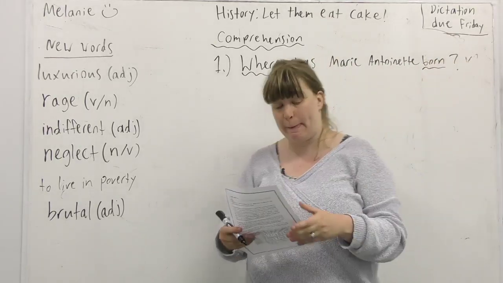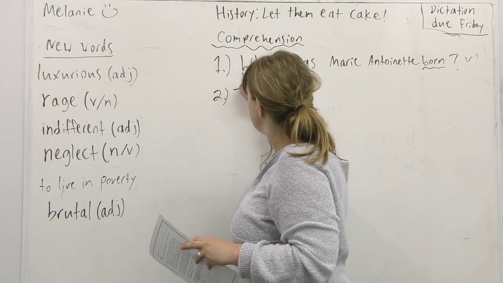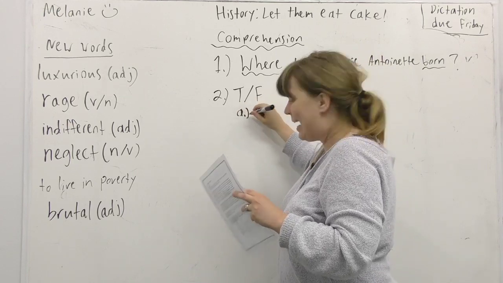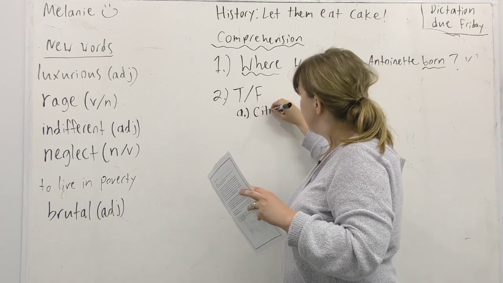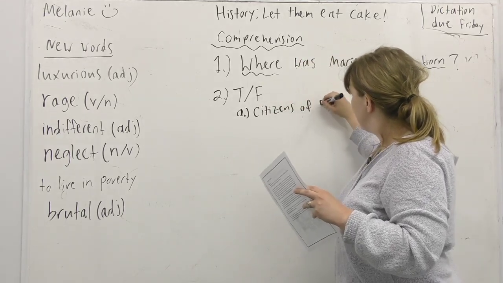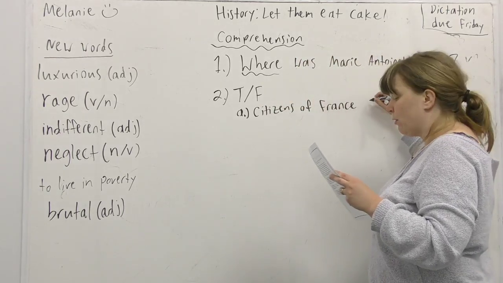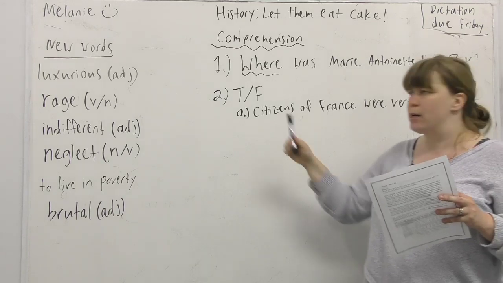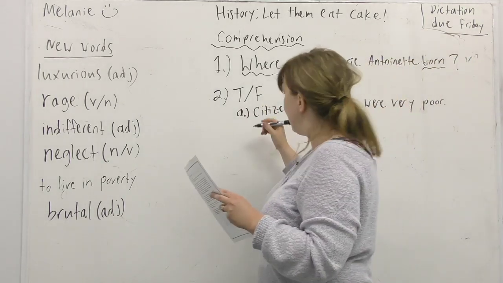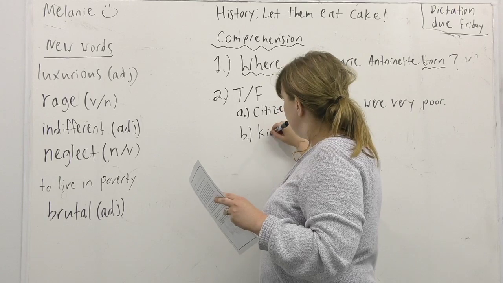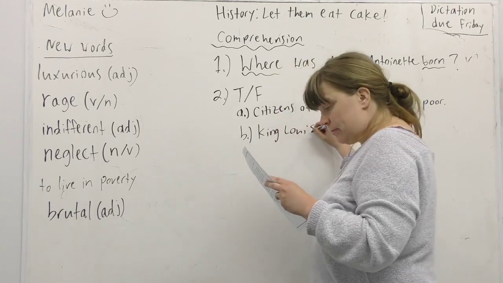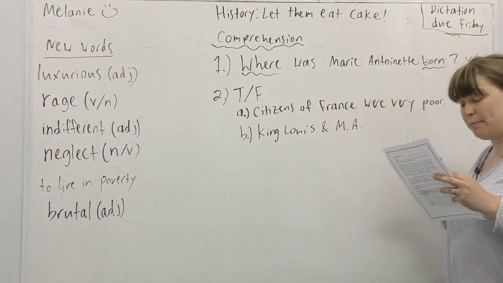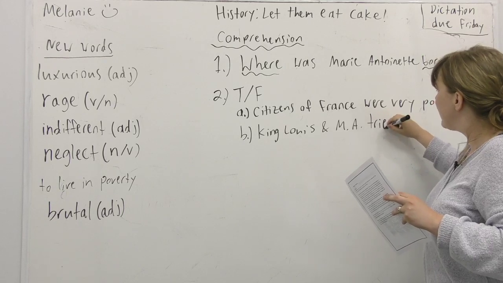Watch out for born. And number 2, this is a true or false. Okay, so we have 2 here. A, the citizens of France, so the people of France, were very poor. They were living in poverty. True or false? And B, King Louis and Marie Antoinette, MA for short, tried very hard.